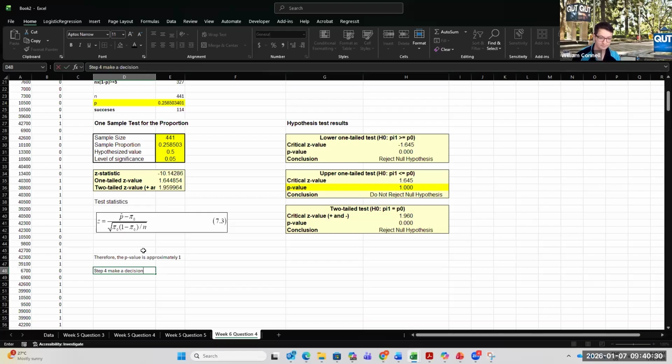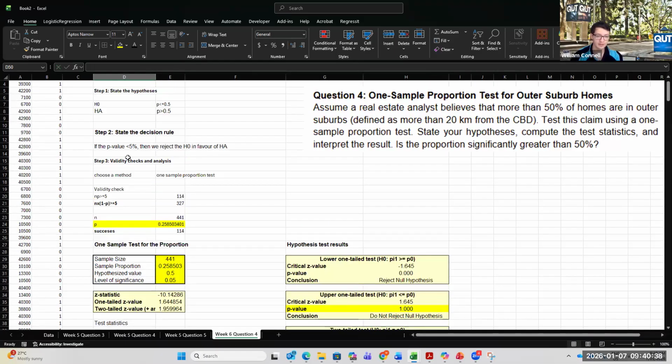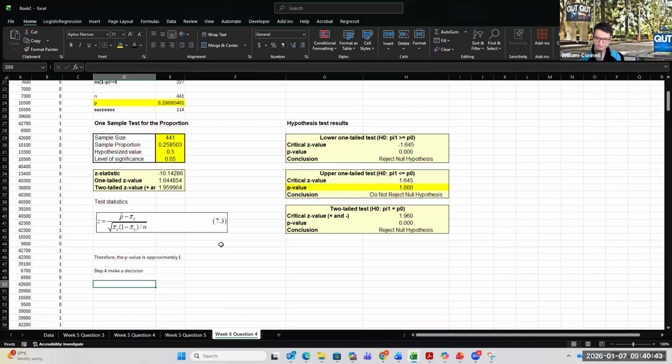make a decision, right? So this is where we apply the decision rule. We were told that decision rule, if the p-value is less than 5%, then we reject the null in favor of the alternative. This is not less than 5%, this is 1. So we can say because the p-value is not less than 5%, we fail to reject the null.